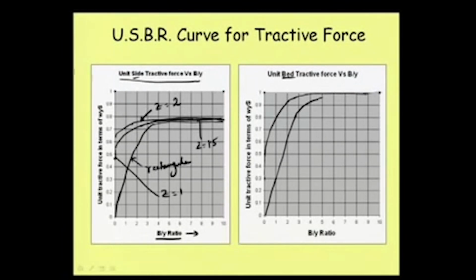Okay. So, what we can see is that for a b by y ratio of around 8 or 9, this tractive force is becoming equal to WYS, which we could get for a wide rectangular channel, by equating the component of gravity force acting in the direction of flow, which we put as our tractive force tau, and then dividing it by the contact area, we get the tractive force per unit area.